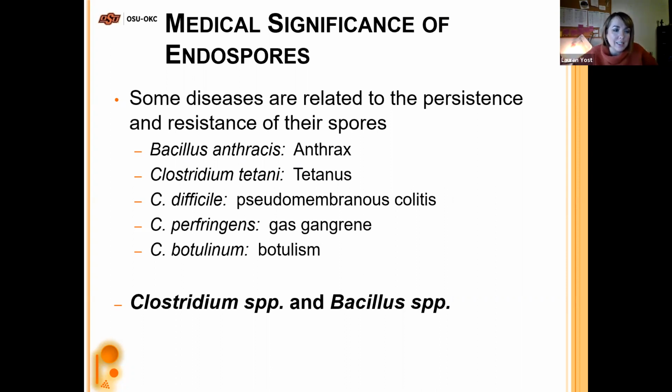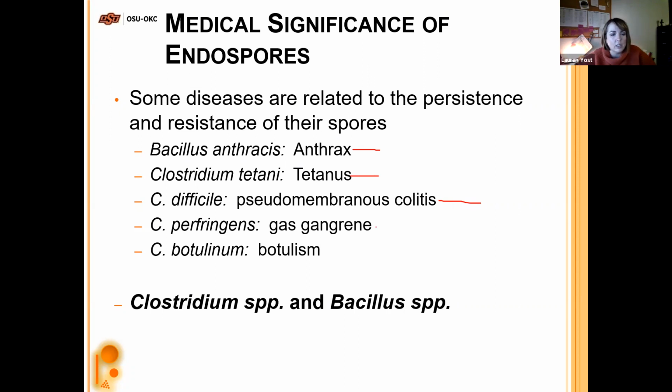Well, there are a lot of diseases caused by endospores that are dangerous. That includes anthrax caused by Bacillus anthracis, tetanus caused by Clostridium tetani, and C. diff, Clostridium difficile, which is pseudomembranous colitis. If you have ever worked in or even heard of hospitals, then you know what C. diff is.